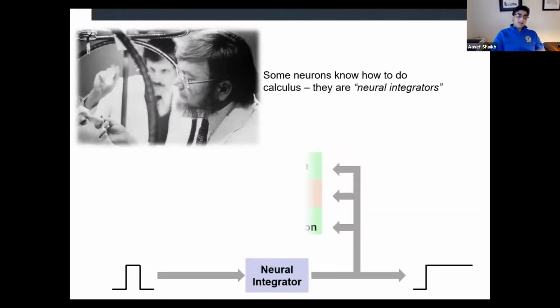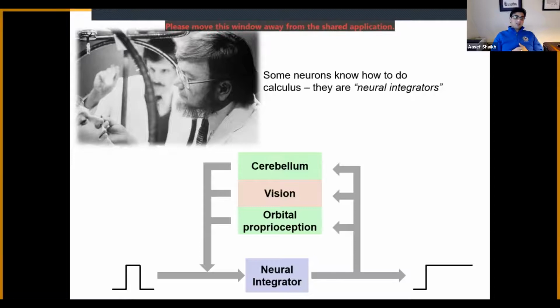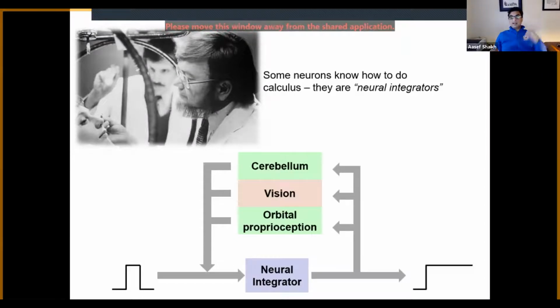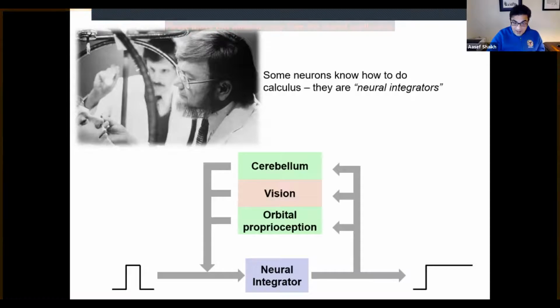He also demonstrated in monkeys that when you remove the cerebellum or you disrupt their vision or orbital proprioception, then this neural integrator becomes dysfunctional. As engineers, I don't need to tell you that any integrator is not always perfect. There is always some leakiness to the integrator, right? It does not stay steady, but the output of the neural integrator leaks over a period of time.